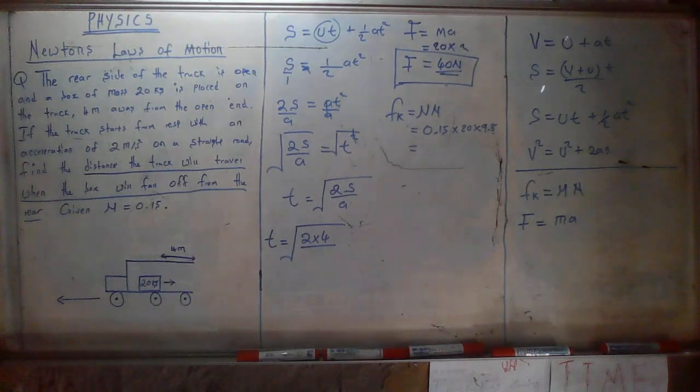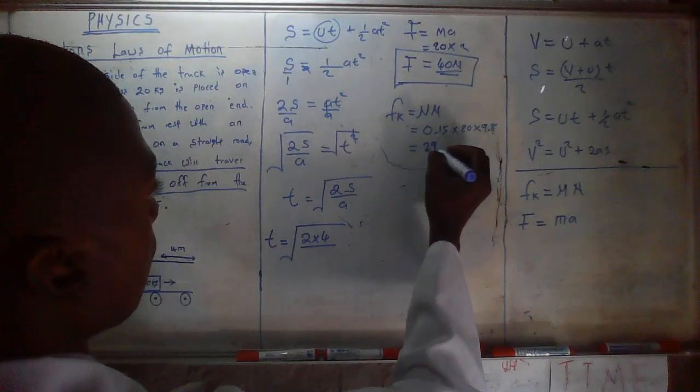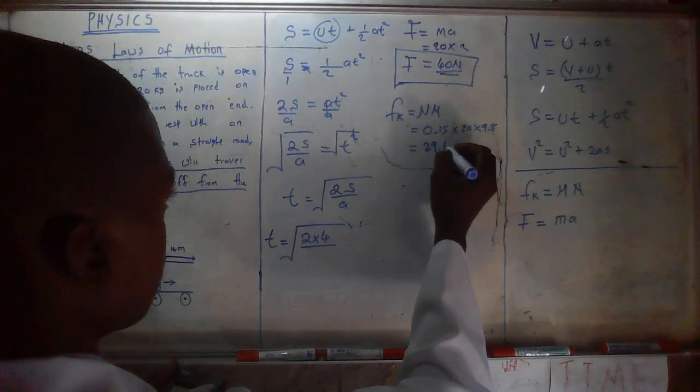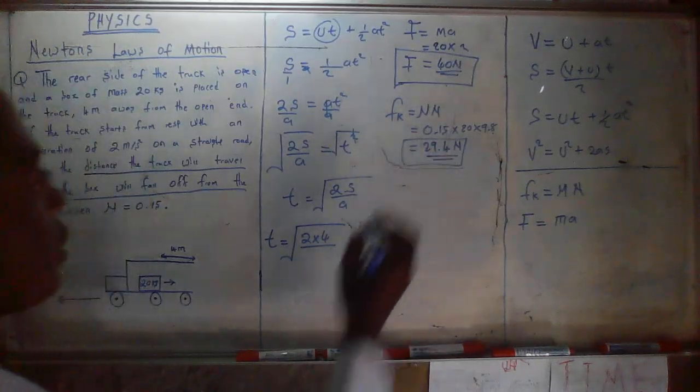So punching gives 29.4 Newton. So this was the friction force, right?